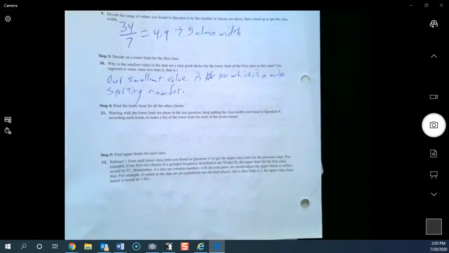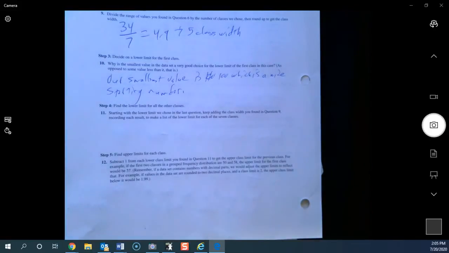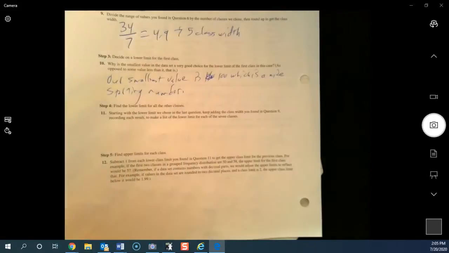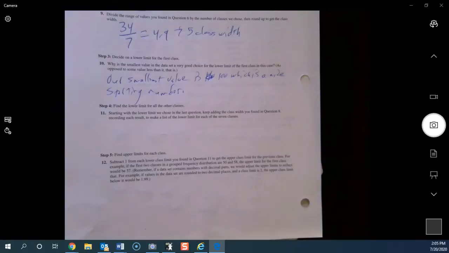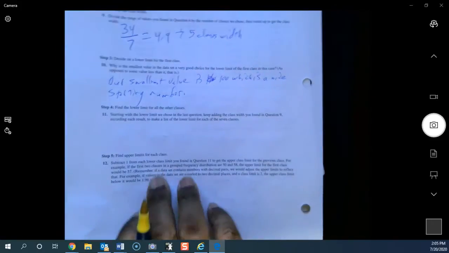Now, if it would have been 101 or 97 or something like that, we probably would have to second guess ourselves. But 100 is pretty good.